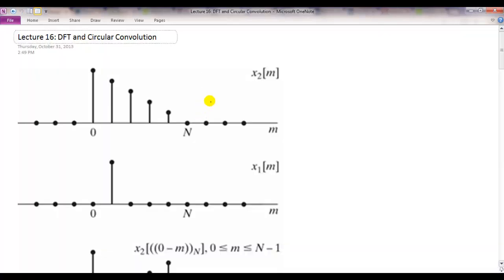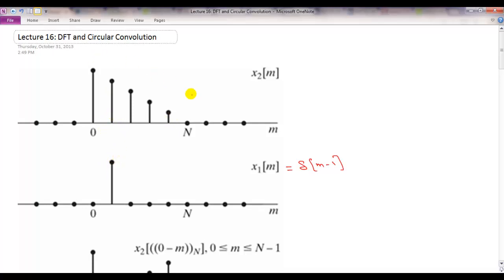This is an example where your x1 of m is simply equal to delta of m minus 1. So a direct delta at location 1, and you want to circularly convolve this sequence with this sequence. You can go through the expression, but in reality all of this is going to be circularly shifted by an amount of 1.